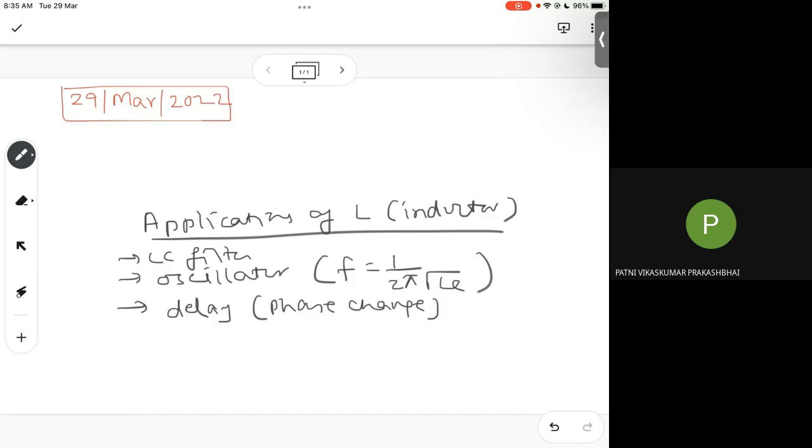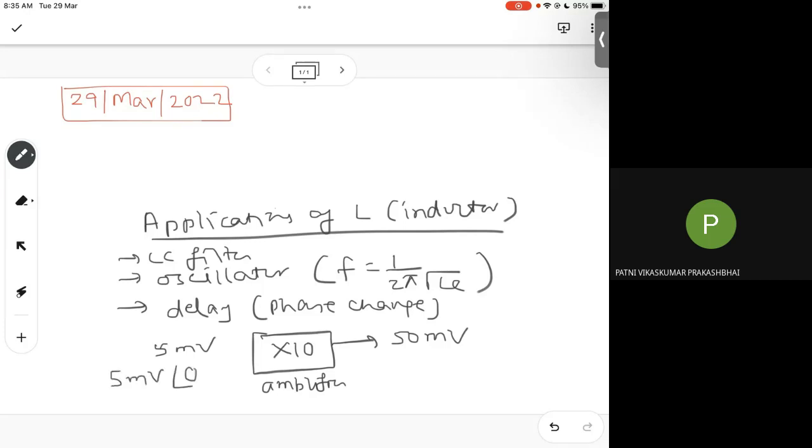Like in basic electronics, you must have done an experiment: suppose I give a 5 millivolt signal amplified by 10 times using an amplifier, you get 50 millivolt. That is something you have learned in basic electronics. But in RF or high frequency electronics, we speak in this language: 5 millivolt, 0 degree. That means the phase is important. What you get here is 50 millivolt, but because of the length of the circuit, the more the distance, the more the time taken, the more the delay.